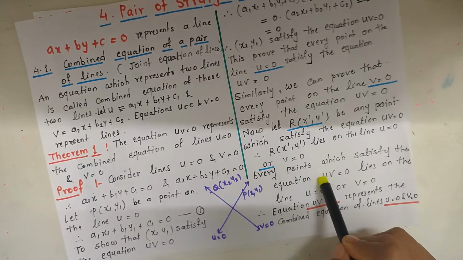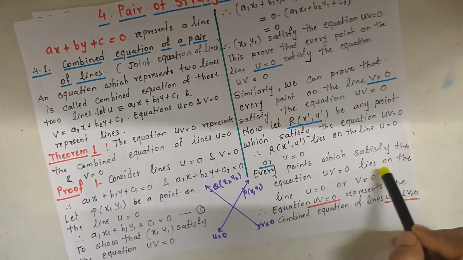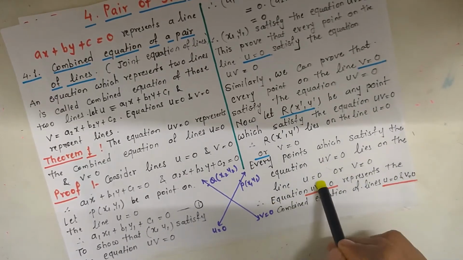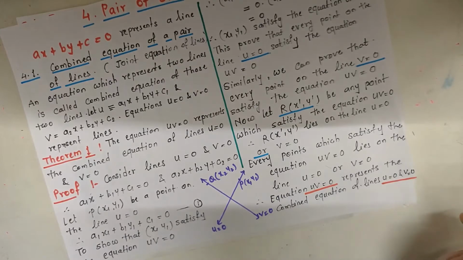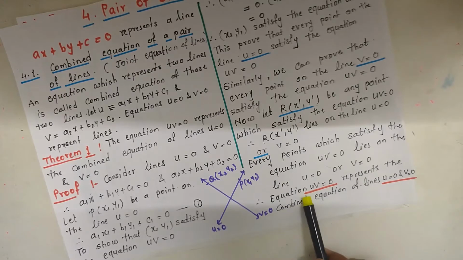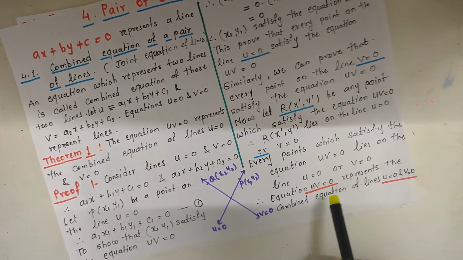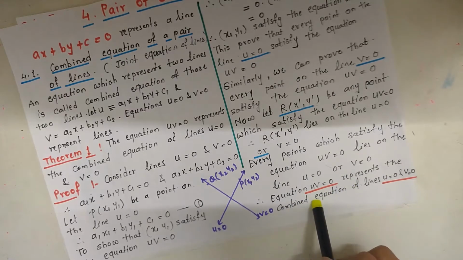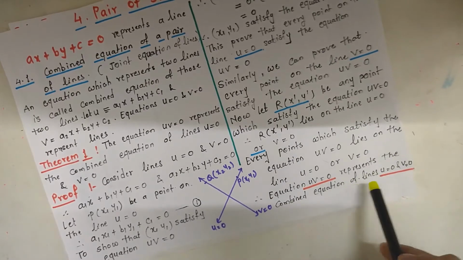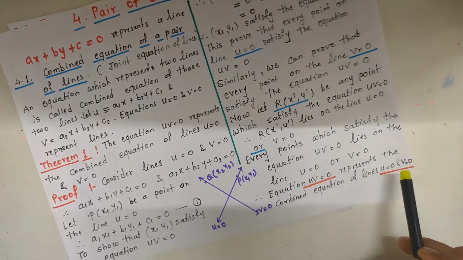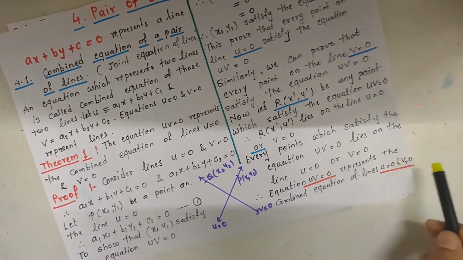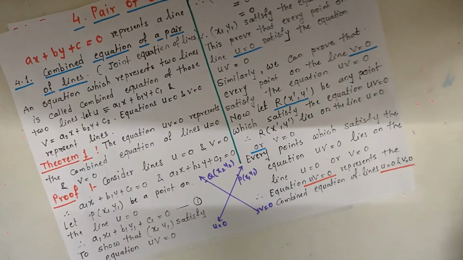So every point which satisfies the equation lies on the line u = 0 or v = 0. In this way the equation u into v = 0 represents the combined equation of two lines u = 0 and v = 0.